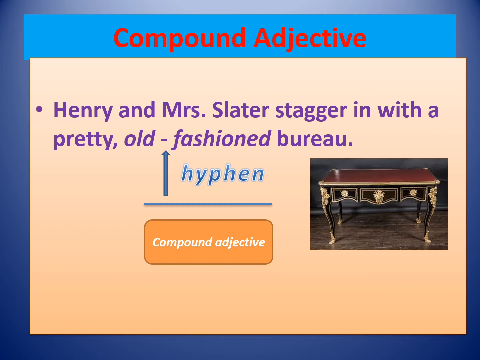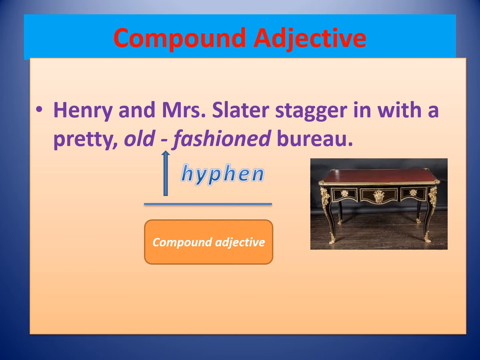Students, one more adjective is there in the sentence. What is that? Pretty. Pretty is also an adjective. Old-fashioned is a compound adjective. Both of these are describing the noun bureau. Pretty and old-fashioned both are describing the noun bureau.